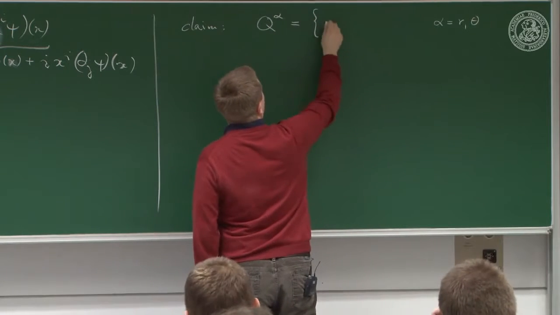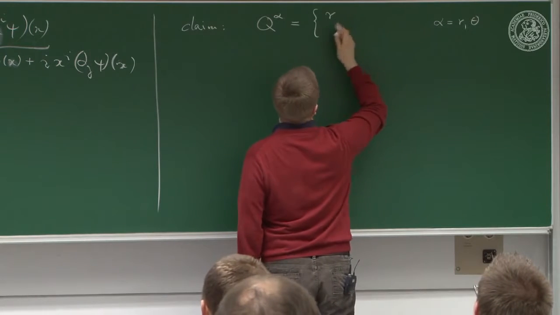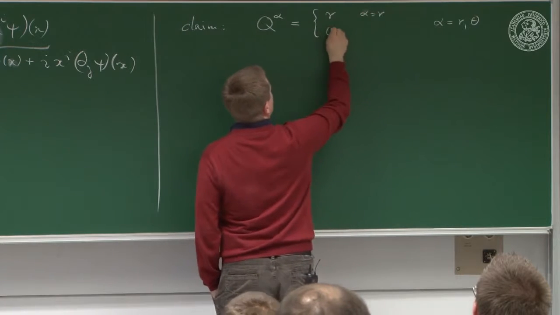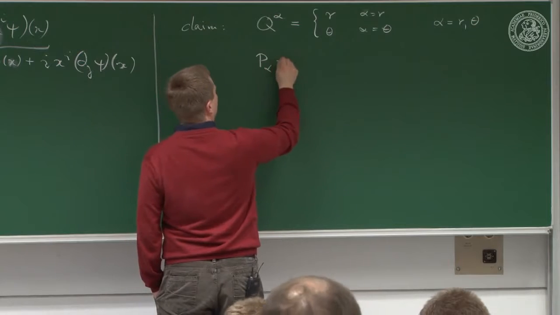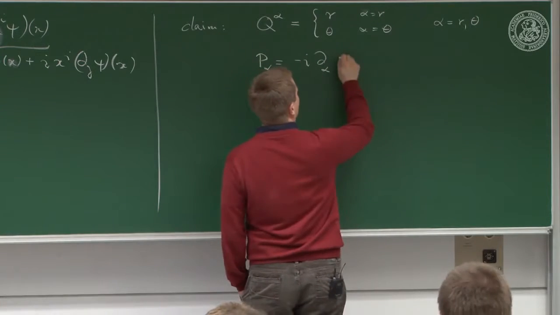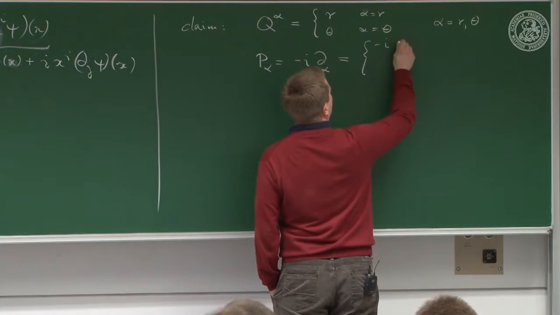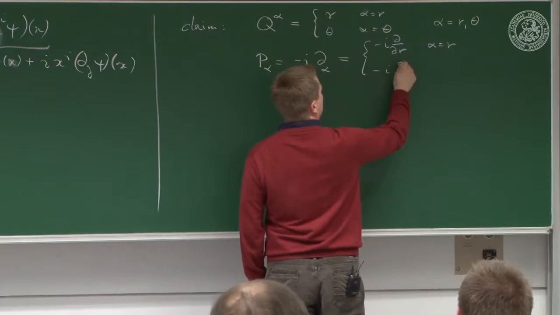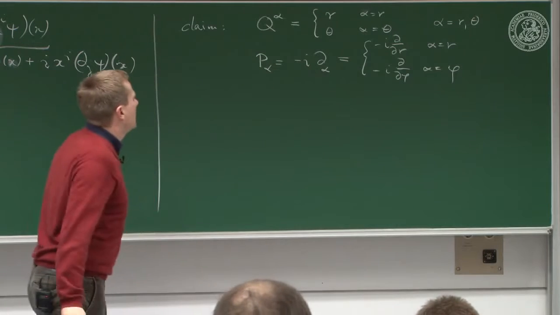Well, this would be r if alpha is r, and this is theta if alpha equals theta. And the P alpha I set as minus i del alpha, which is supposed to mean minus i d by dr if alpha is r, and minus i d by d phi if alpha is phi.